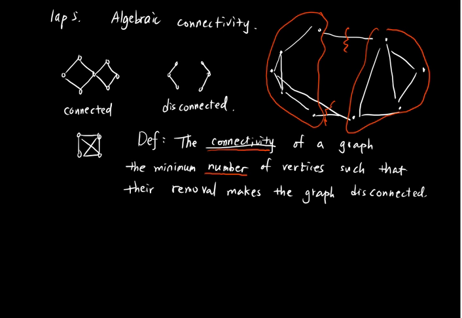And what kind of vertices? If you pick some vertices, their removal will make the graph disconnected. Then we say the minimum number of such vertices is called the connectivity.